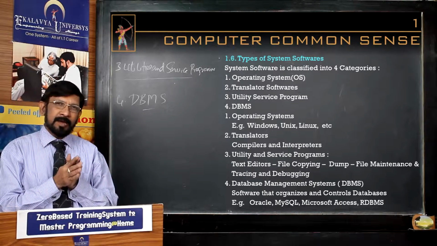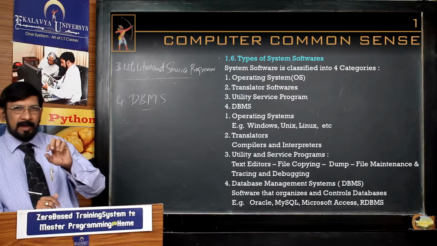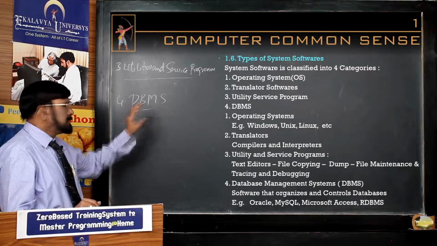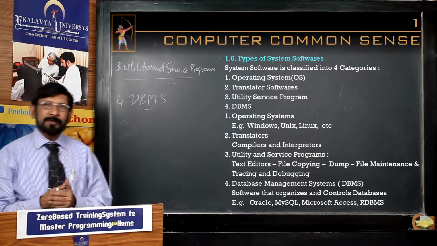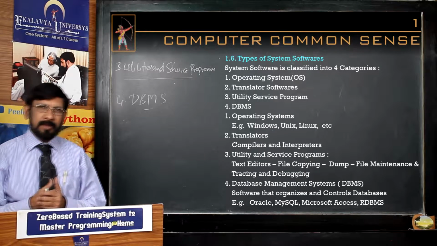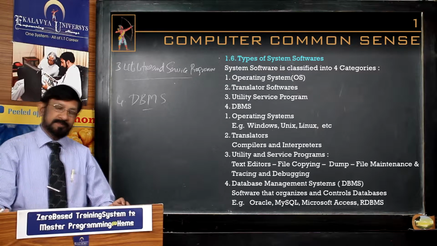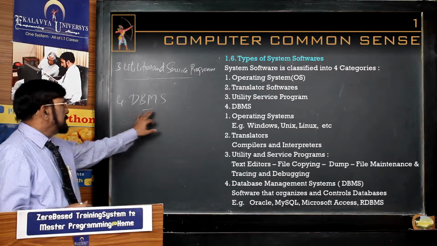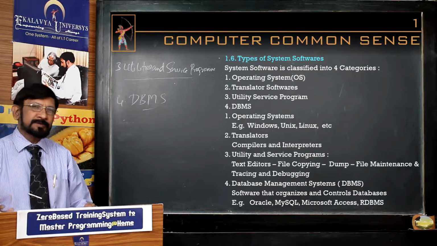The collection of such programs which manage and organize data is called a database management system. For that purpose, there are several softwares: MySQL, Oracle, MS Access, and many more. Those are called database management systems. These are also known as system software.